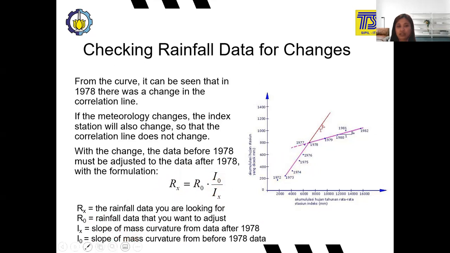I0 is the slope of this curve from before the 1978 data, so this old curve, and then the Ix is the slope of the new curve. Then after that, we can adjust the old data to become related to the new data. So the line is not bending like this, and it will be more like a continuous line.